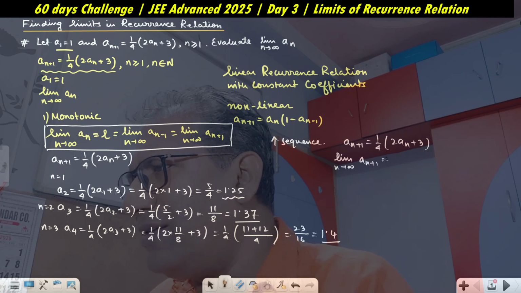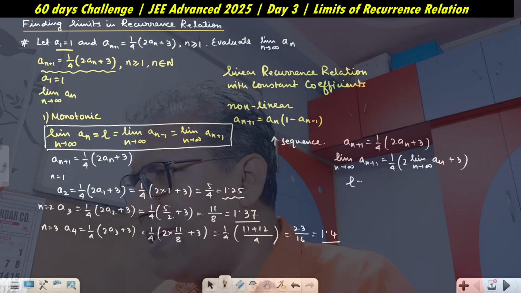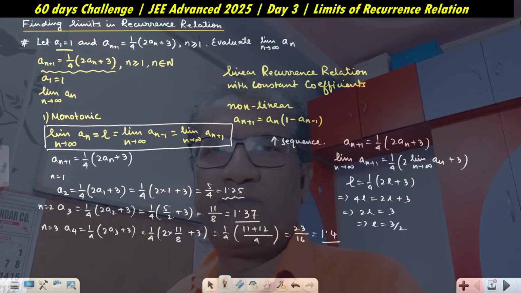The limit of a_{n+1} equals 1/4 times the limit of (2a_n + 3). Now this is basically L = 1/4 (2L + 3). So we are having 4L = 2L + 3, which implies 2L = 3, which implies L = 3/2.